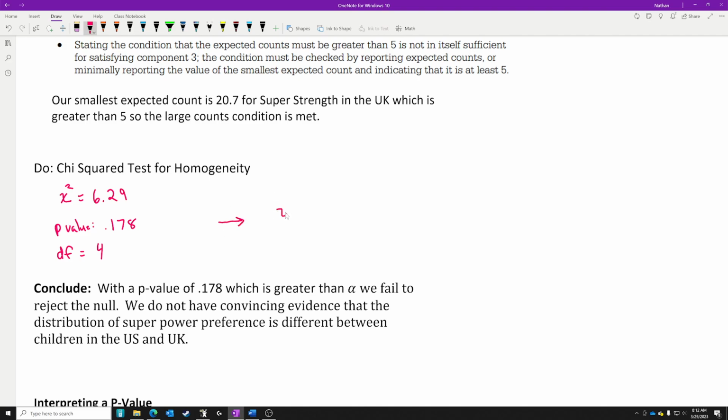Technically, it would be nice if you could show me a couple of terms of the chi-squared test statistic.